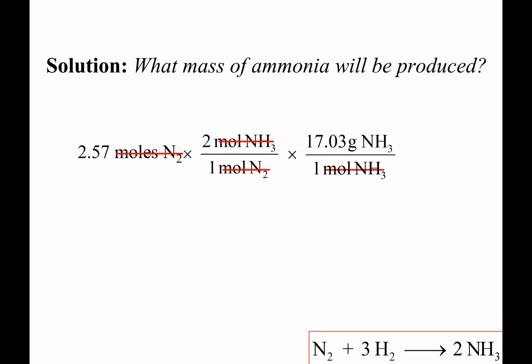So that'd be 17.03 grams of NH3 for 1 mole of NH3. How many sig figs? 3. Yep. So I get 87.5 grams of NH3. Phew, and that's it.